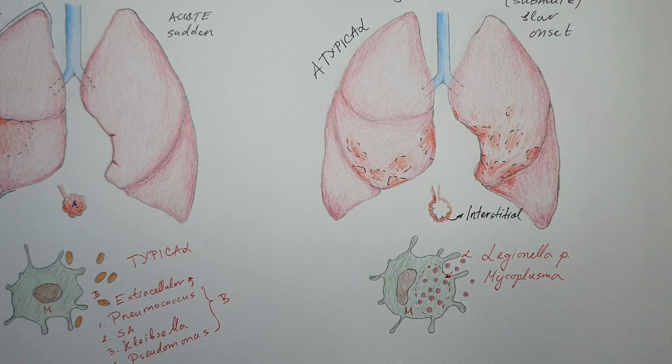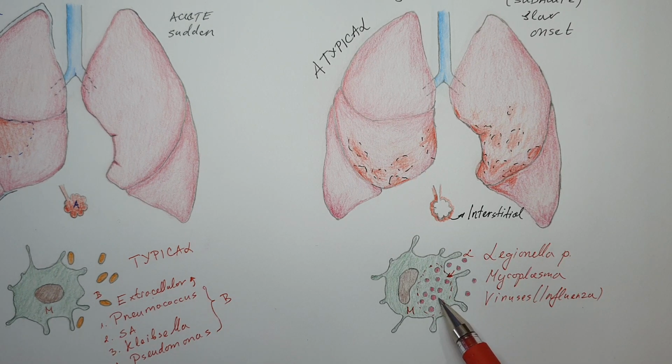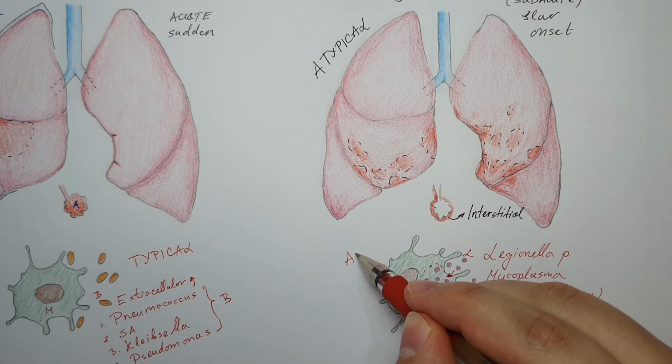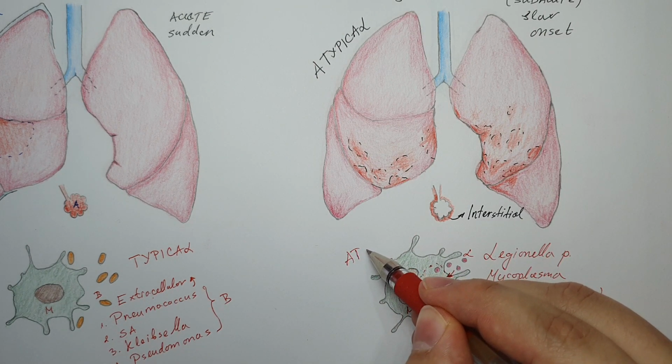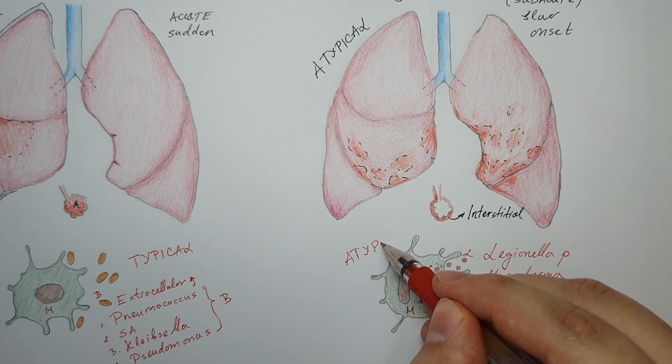Then we have obvious intracellular pathogens like, for example, viruses. Let's say influenza, or the newest corona. Many of these pathogens are intracellular, and they make for this atypical clinical picture that we see in these atypical pneumonias.